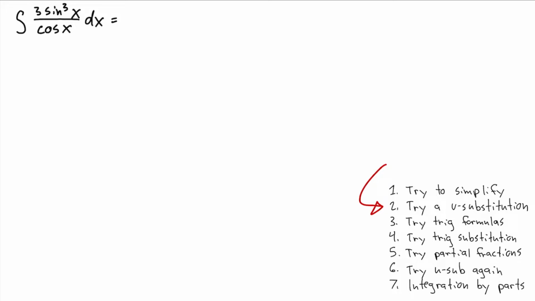Now, if you have noticed, tangent of theta does in fact equal sine of theta over cosine of theta. And we do have some sine and cosine, at least in terms of x, right here. But if we do that, we'll have something along the lines of tangent x, and then 2 more sine of x's.